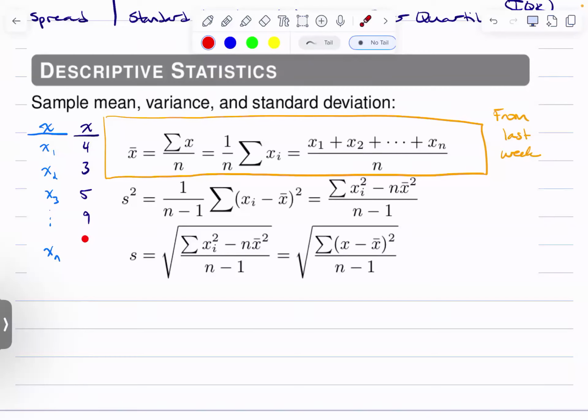What would you do? You would add them up. What does that look like? Generically, x1 plus x2 plus x3 all the way up till you've reached the end, xn. And then you divide by however many values you have, which is your n.